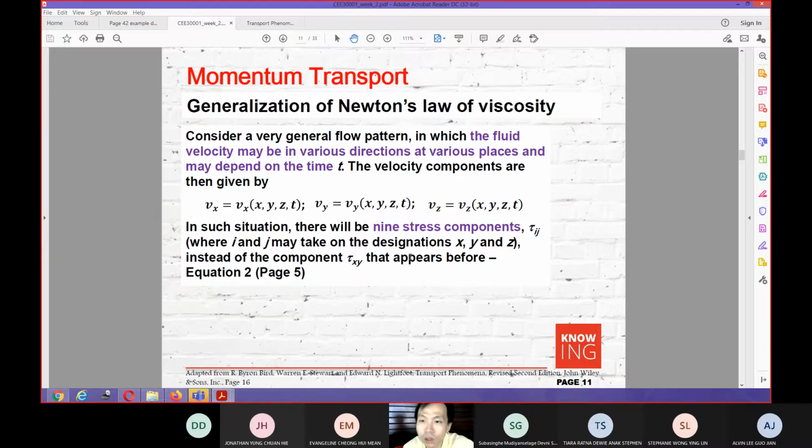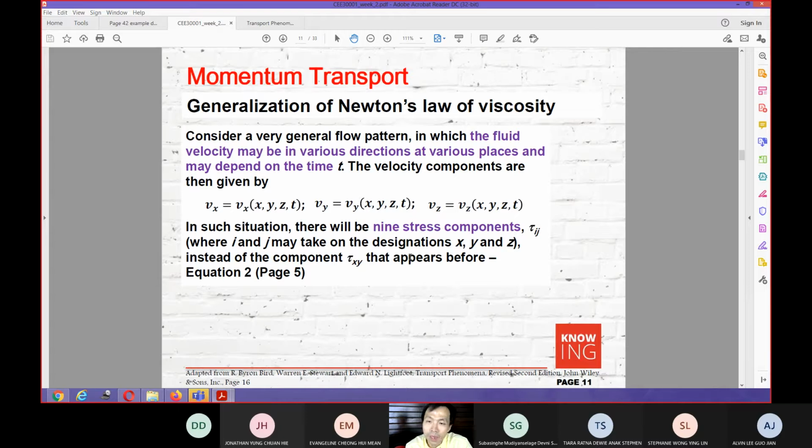Now, we're going to go into something that is more conceptual. In the beginning, before we get the Newton law of viscosity, we come with the general form of Newton's law of viscosity. Imagine that the velocity in the x direction is a function of x, y, z, and also the time, and likewise for the y and then for the z as well.